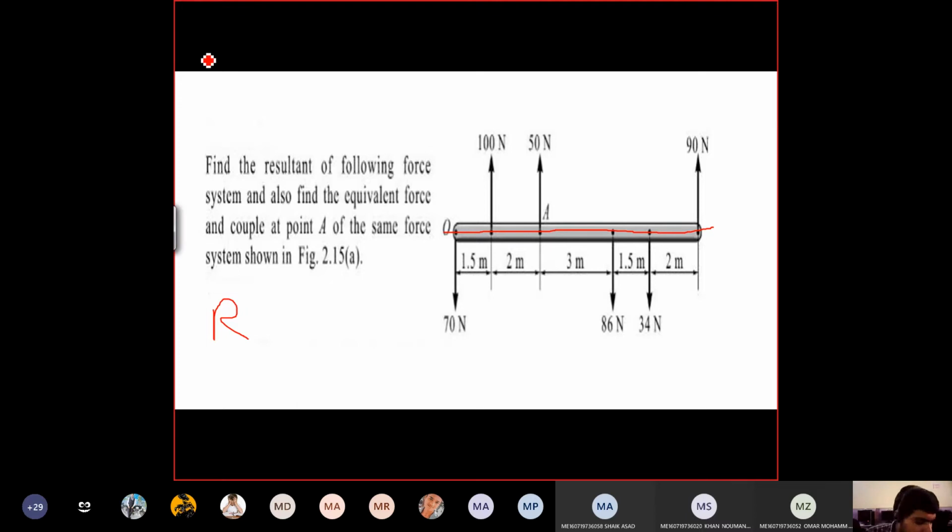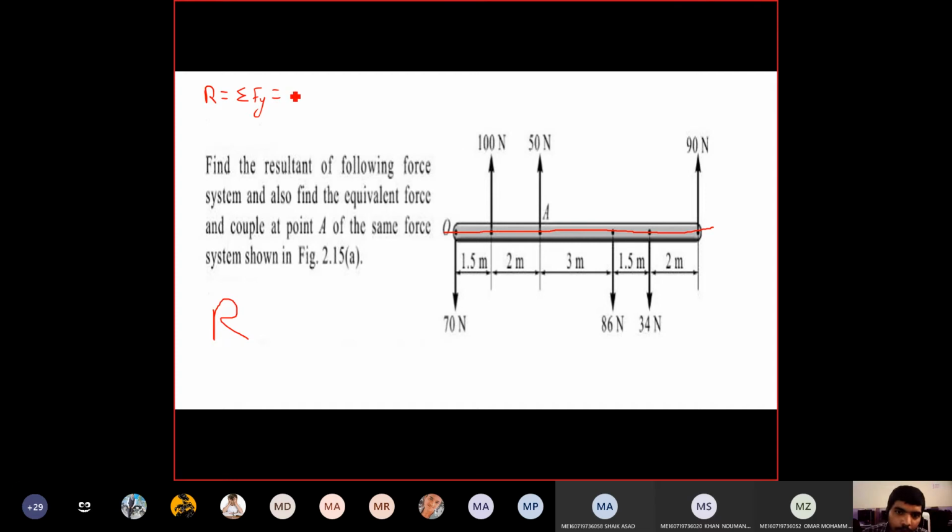See, this resultant R is equal to the summation of forces along the y direction, because it is a coplanar parallel force system. Parallel means, in this force system, the forces are parallel to the y axis.